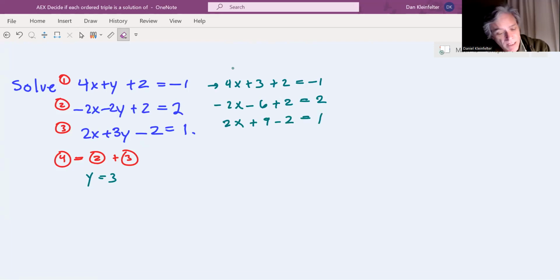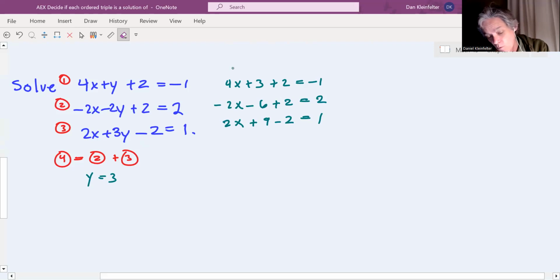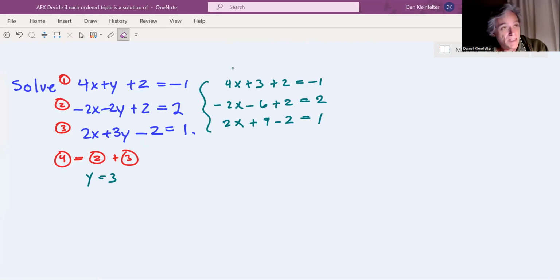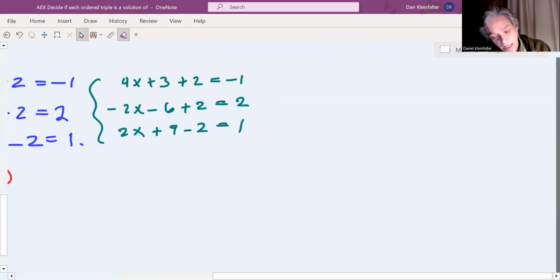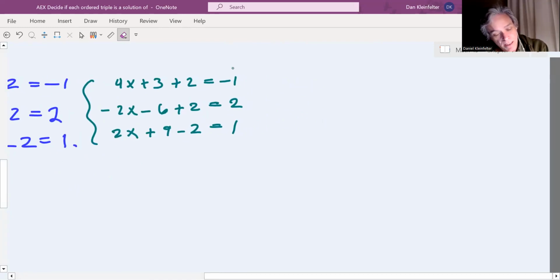Okay, so this is our system of equations with y replaced by its value of 3. Then let's collect the constants all on one side. So we'll have 4x plus z, and that will equal negative 4. And then we'll have negative 2x plus z, and that will equal 8.